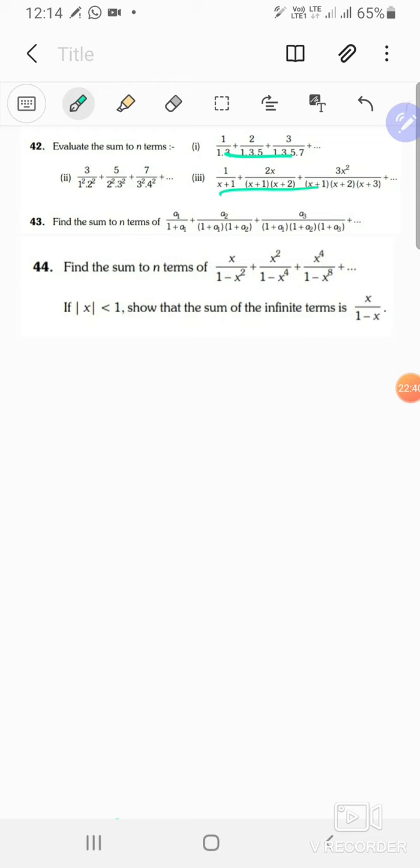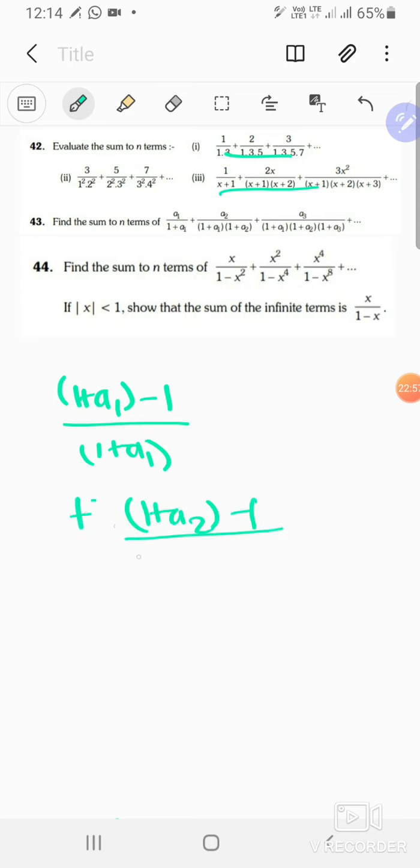So a1 upon 1 plus a1, a2 upon 1 plus a1, right? Just do the similar thing, write a1 as 1 plus a1 minus 1, upon 1 plus a1. Then a2 can be written as 1 plus a2 minus 1 upon 1 plus a1 into 1 plus a2, and it keeps going like that.